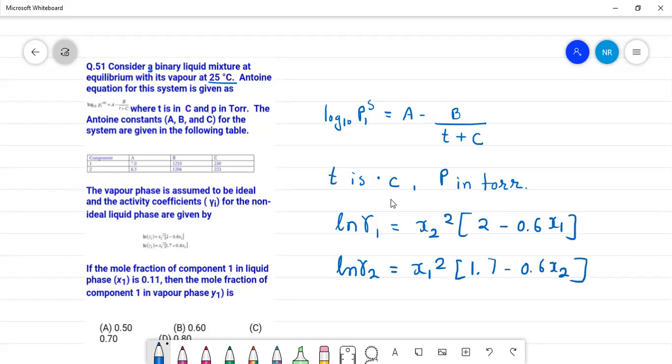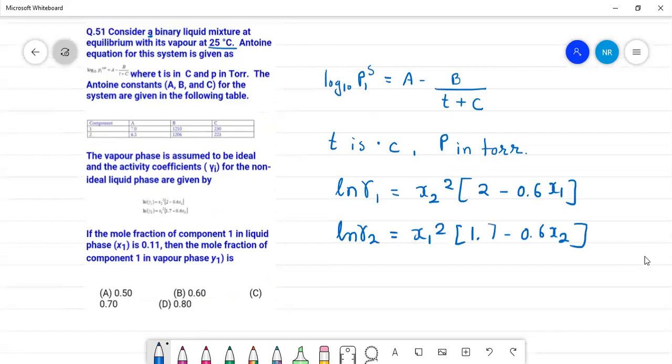The mole fraction of component 1, x1, is 0.11. Then the mole fraction of component 1 in the vapor, y1, is equal to... let's try to calculate the value of y1.